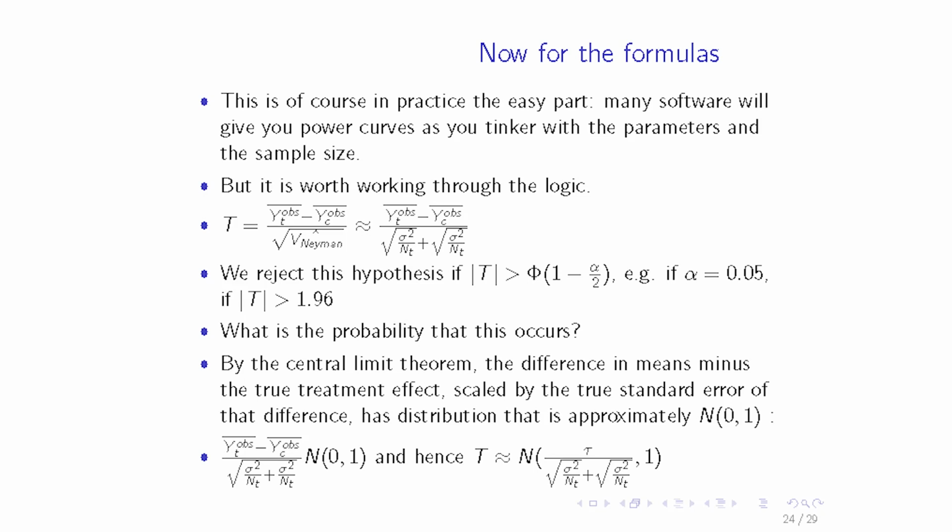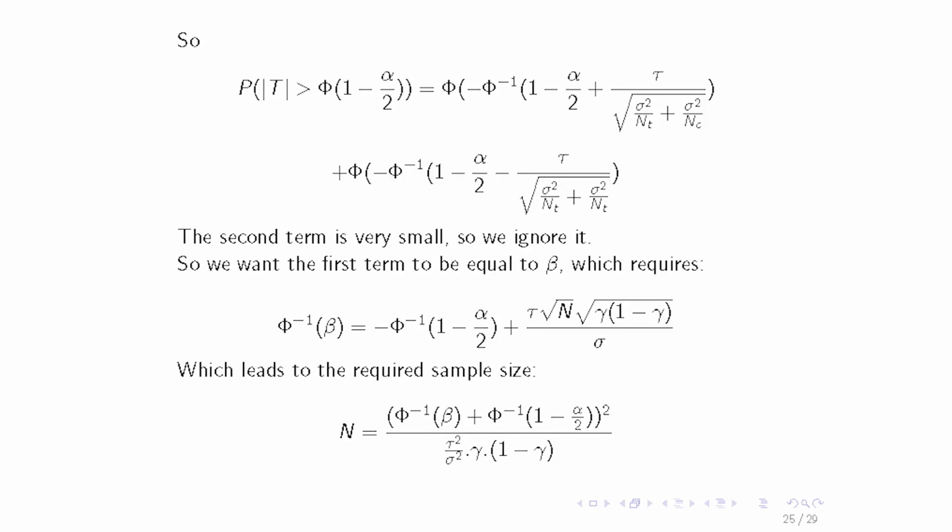So now that we know that, we're kind of home free. The probability that the t-statistic is greater than Phi inverse of 1 minus alpha over 2 is Phi of minus Phi inverse of 1 minus alpha over 2 plus the tau term. That's on one side. And then on the other side, there is the small chance that it's so low that the absolute value is greater than that.